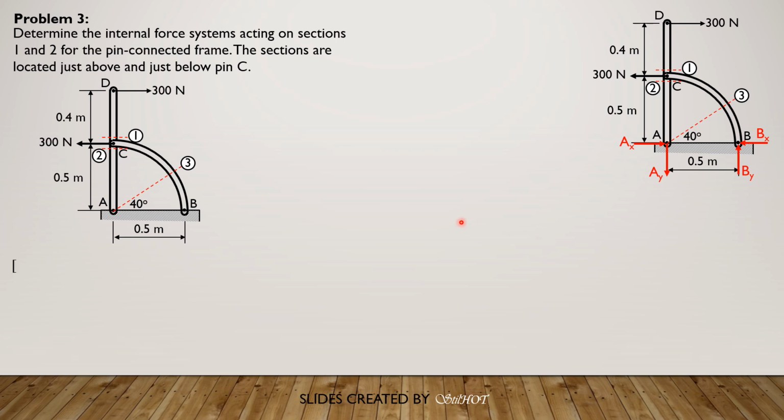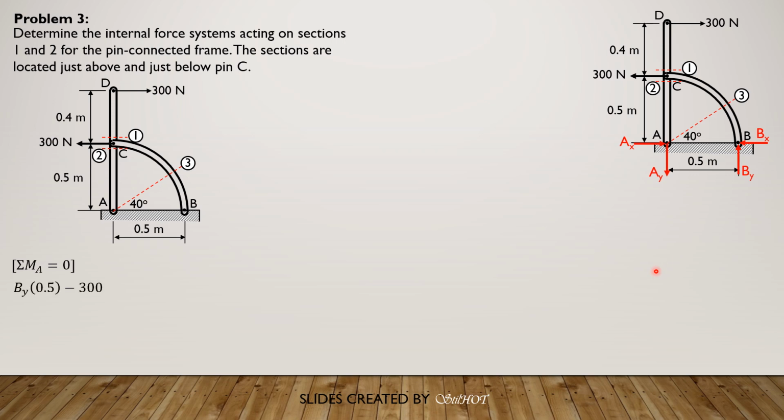So let's consider first the reactions. So let's solve for the reaction By. Summation moment about A equals 0. We can solve for By. And remember, By is equal to Ay. The only difference is Ay is downward. So By times 0.5 equals, because this is a couple, 300 times clockwise couple, so 300 times 0.4.